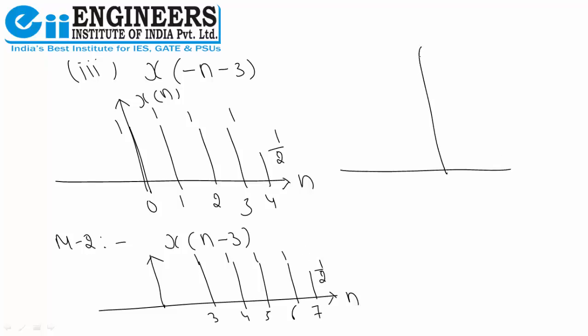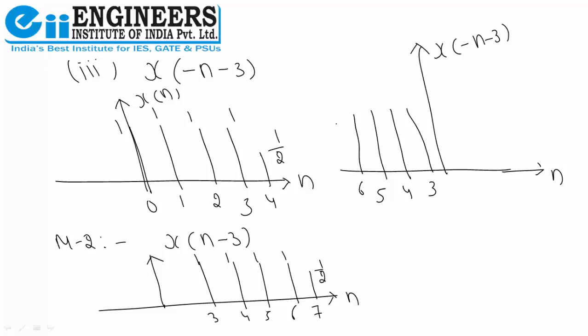So your x[-n-3] will become like this: 3, 4, 5, 6, 7, with values 1, 1, 1, 1, 1 by 2. But remember that these are all minus values: minus 3, minus 4, minus 5, minus 6 and minus 7. So you will directly get the answer.